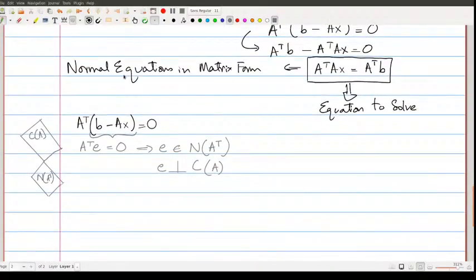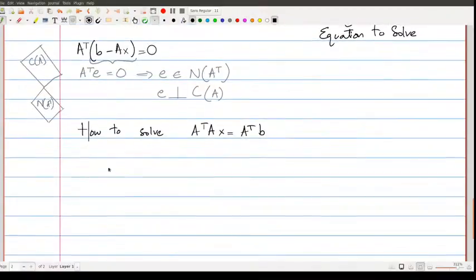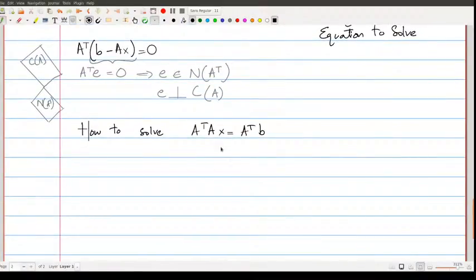Okay, so now let's come back to solving this equation. We found the equation that we want to solve. The question is, can we solve it? How to solve A transpose A X equals A transpose B. The simple answer is, we want to solve it for this X vector.